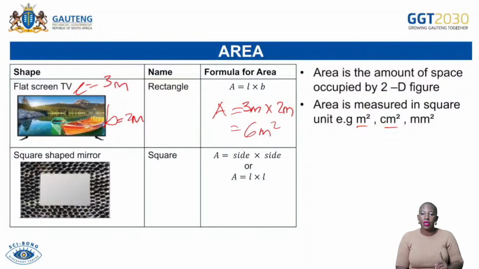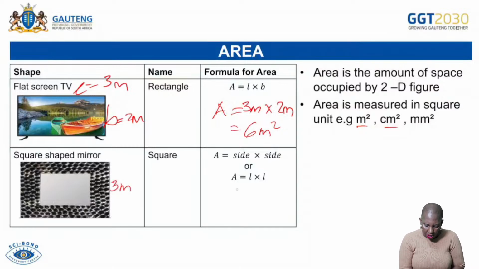And the other thing, boys and girls, that you need to remember, if the units are different, you'll see when we do the activity, if you are given different units to work on, say on this shape of a square mirror, a square will have the same sides. The length will be the same.